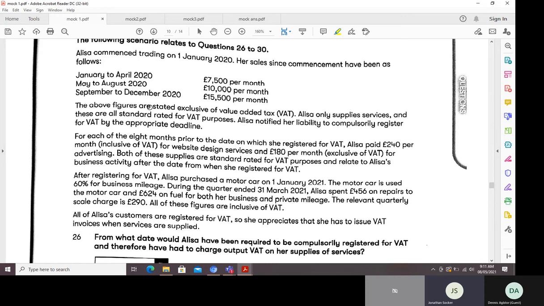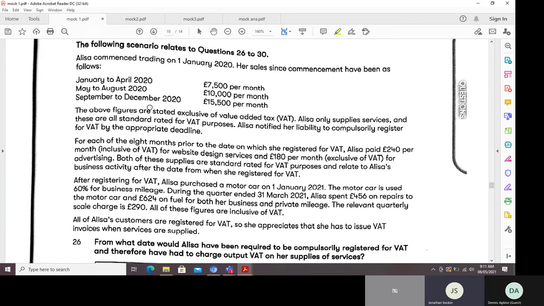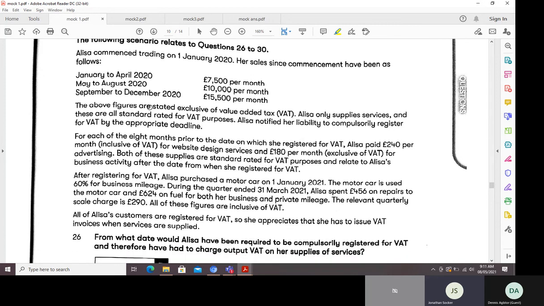So if you expect as at 1st January that by the end of January you'll hit more than the limit, you apply for registration within January, and your registration is deemed to be effective from 1st January, not the following month. So that's on future sales. But this question is based on historical sales, because we have the historical transactions here.